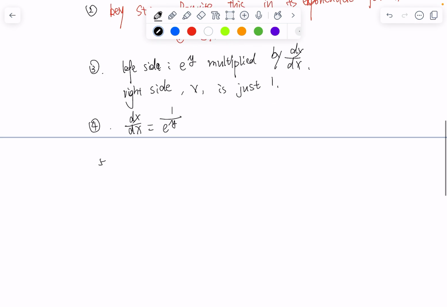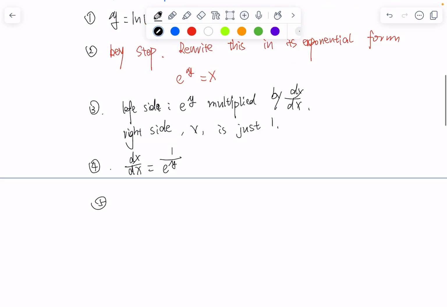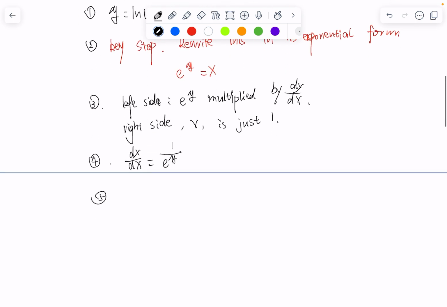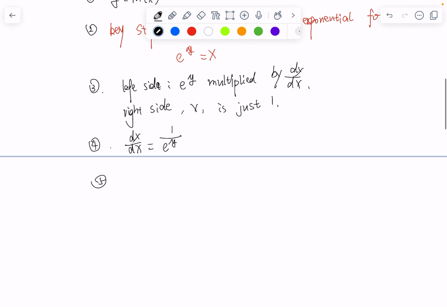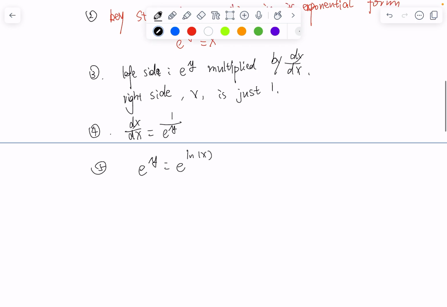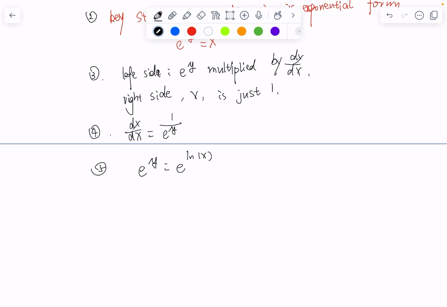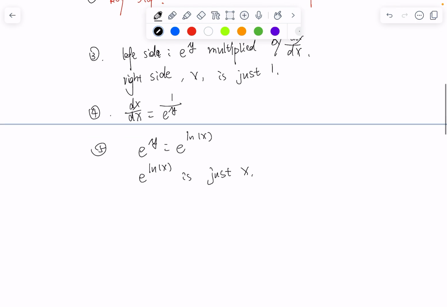So step 5, finally we substitute back. We know from step 1 that y equals ln x. So e to the power of y, and because they are inverses, it's just x. And there we have it.